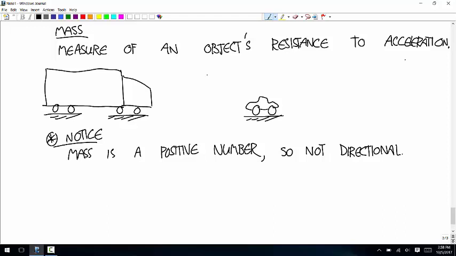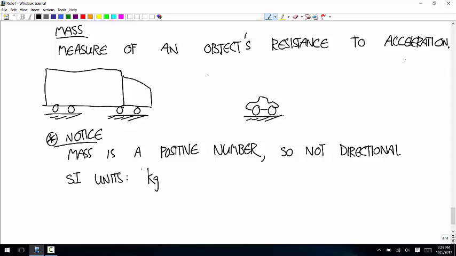There's no such thing as an object that has a mass of 100 kilograms in this direction and a mass of 50 kilograms in this direction. It's just a single number that describes its resistance to acceleration. And the SI units for mass are kilograms. You might think it's a little weird that the SI unit has the prefix kilo on it, like it might make more sense for it to be grams, but that's how it is.